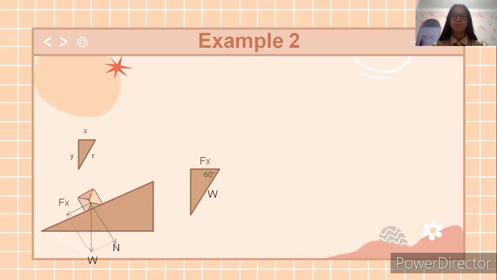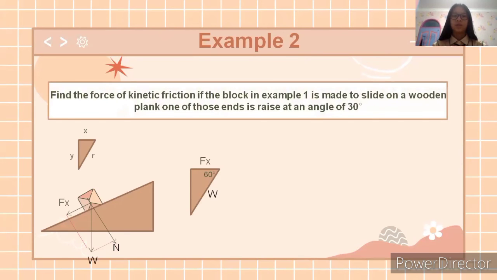Example number 2. Find the force of kinetic friction if the block in example 1 is made to slide on a wooden plank, one of whose ends is raised at an angle of 30 degrees. So here is the diagram.